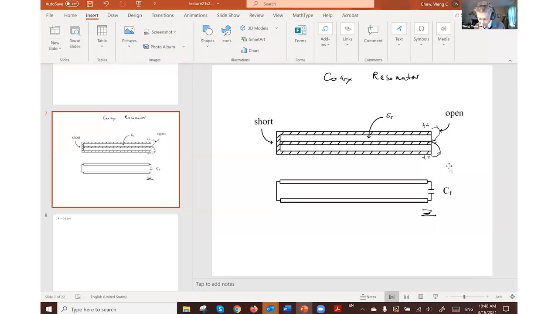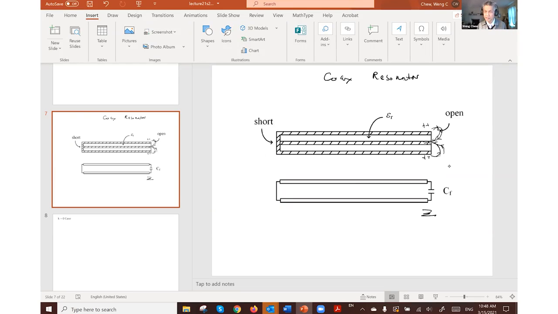However, the right-hand side, if you were to look at the electromagnetic field on the right-hand side, because of this being open circuited, there will be charges accumulating at the end of the cable, and there will be negative charges at the other end. So there will be fringing field that goes like that, okay, from the outer conductor to the inner conductor.